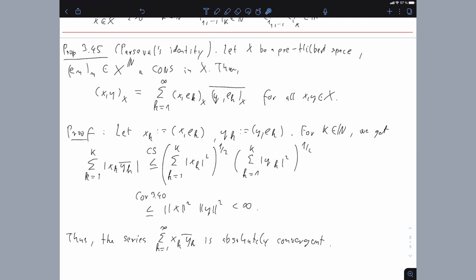So that means we now know that the right-hand side exists, and we still have to show the equality here.